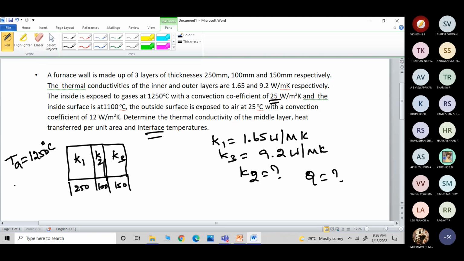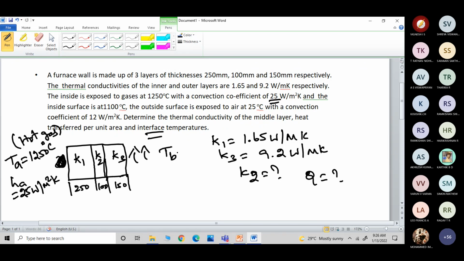H suffix A is equal to 25 watt per meter squared Kelvin. Okay, so this is hot gas on the inner side. Is it fine, students? Yes, sir.